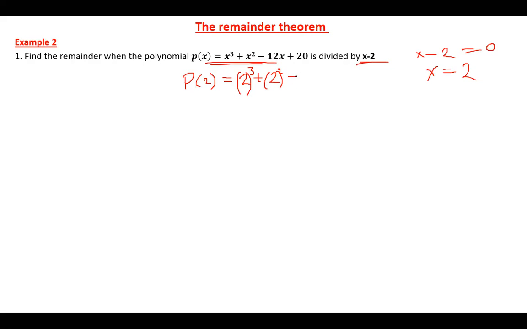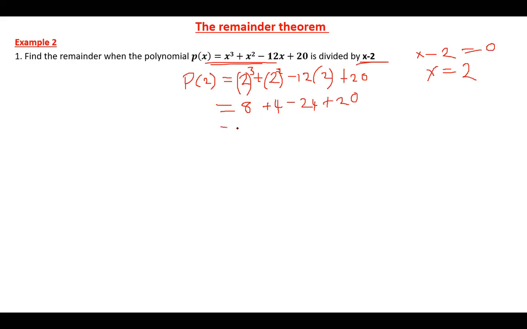And then minus 12, while there's x, we put another 2, and then plus 20. So when you simplify this, this will give you 8, this will give you 4, and then this will give you negative 24, and then plus 20.